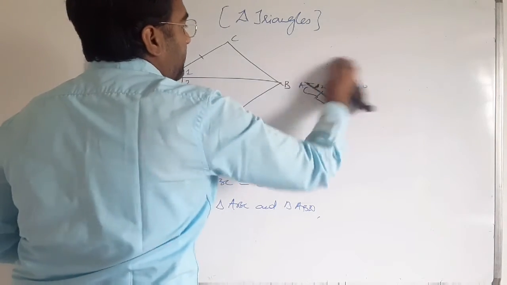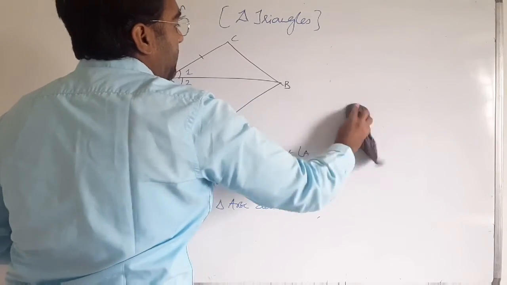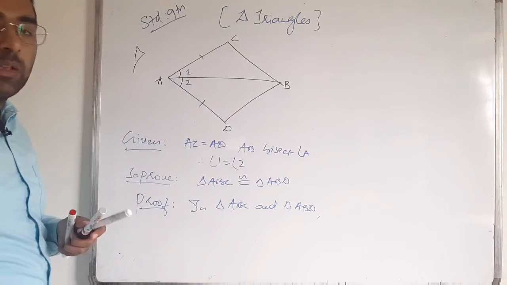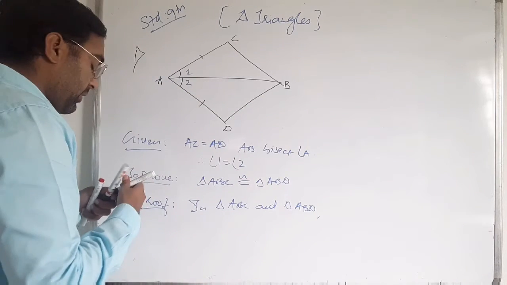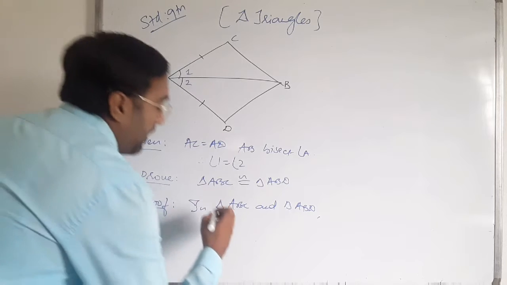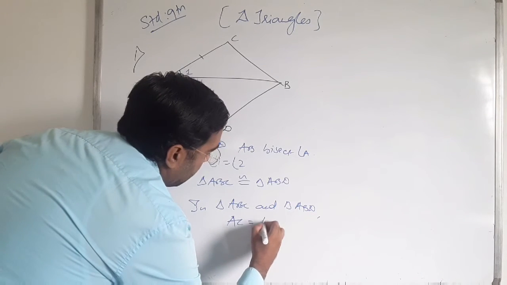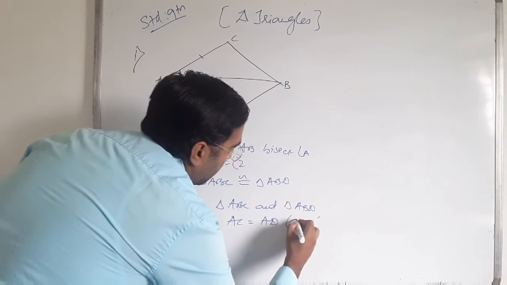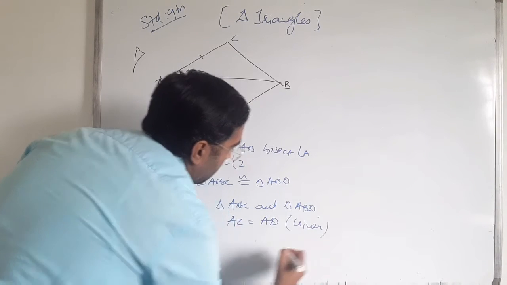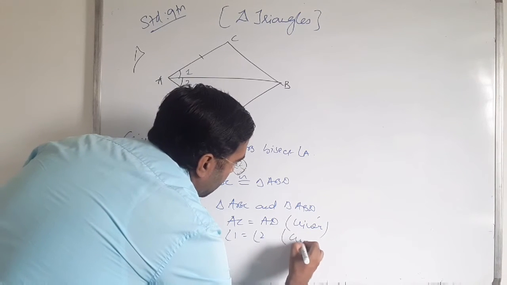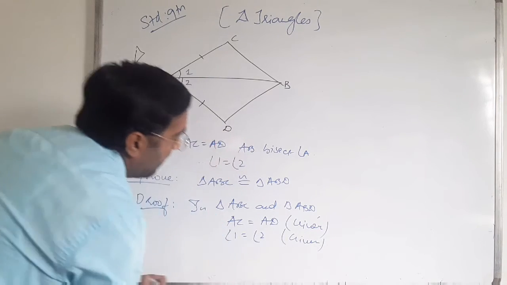So for these two triangles, I'll write the things which I'll show you. AC is equal to AD, which is given in the question. Angle 1 and angle 2 are also given in the question.